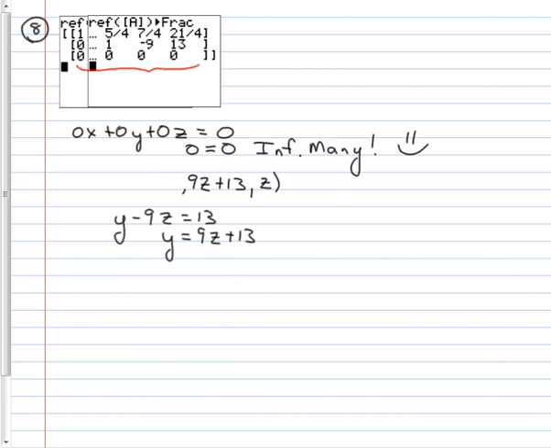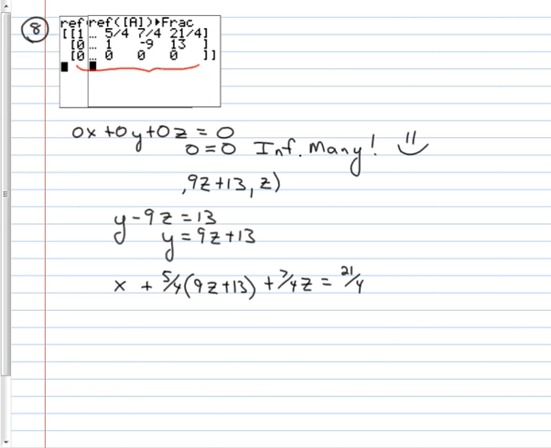Then I'll figure out my x. 1x plus 5/4 y, which is 9z plus 13, plus 7/4 z equals 21/4. So just because we have our calculator, we still get to play around with this a little bit.